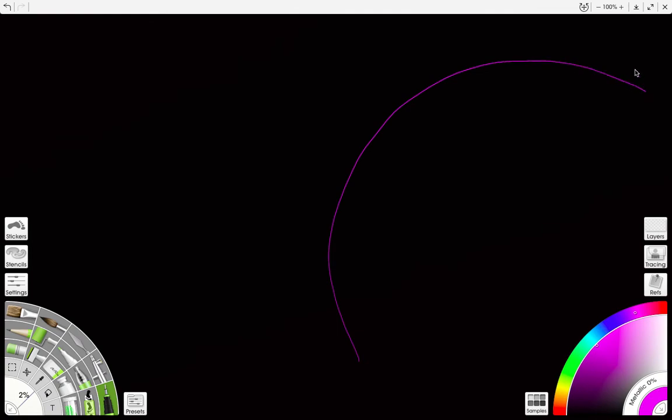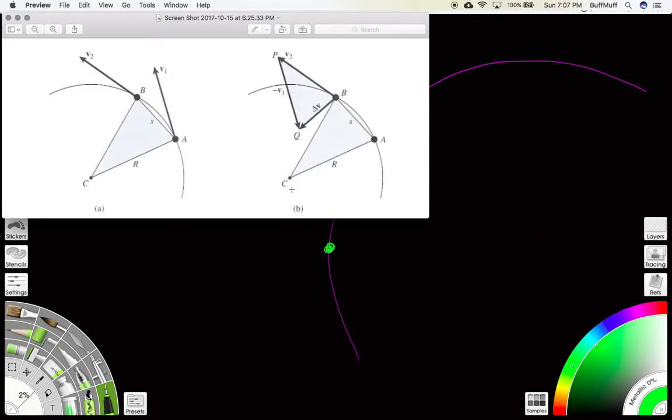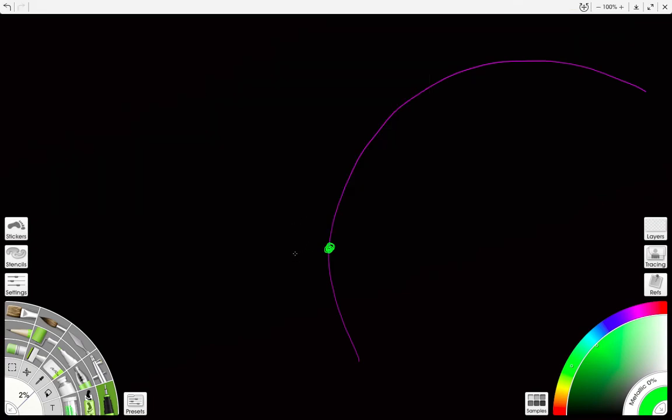So picture that that's a circle. What we did here is my average velocity, because it's between two points that are far apart from each other.